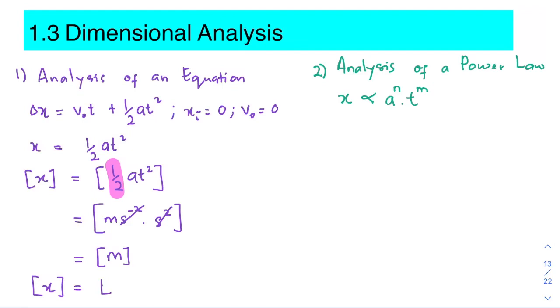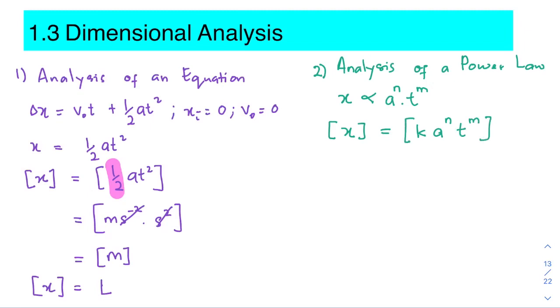So now we are going to use the dimensional analysis technique. Here we have the dimension of x is equivalent to, of course, when we convert proportionality to equivalence, a numerical value or constant k, times a to the power of n, times t to the power of m.